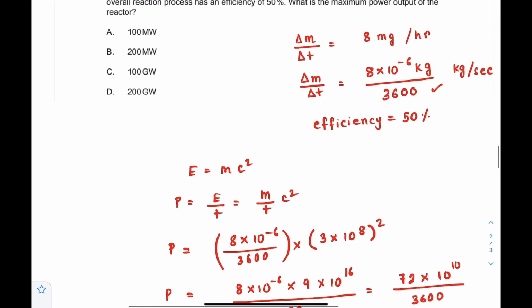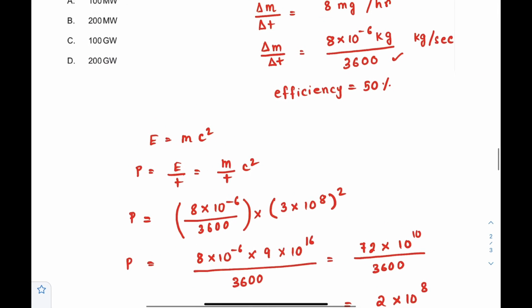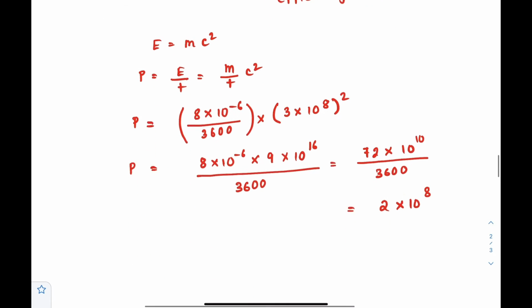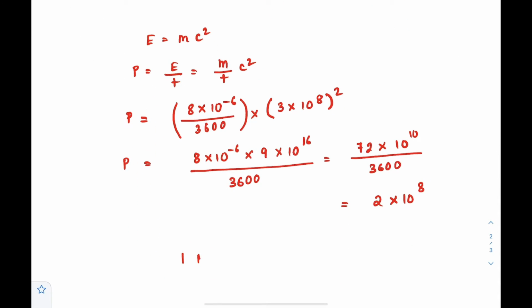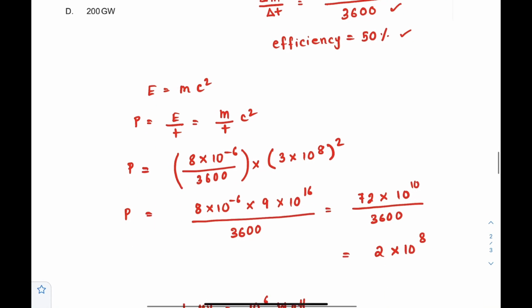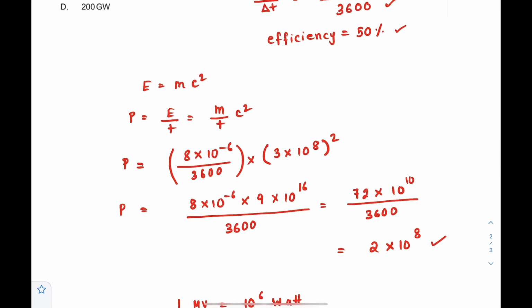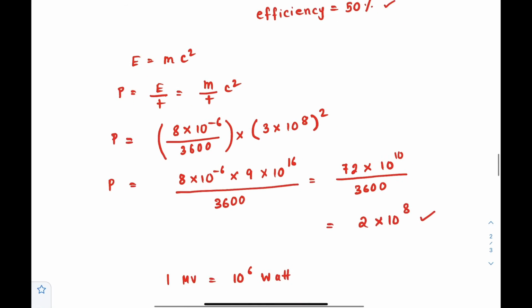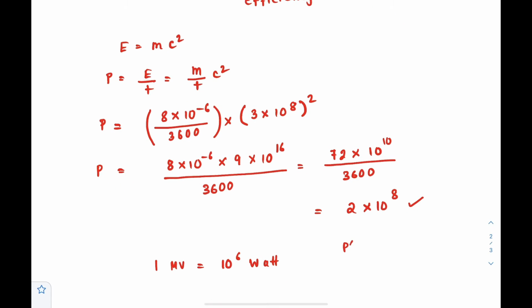Now we have to convert into megawatt or gigawatt. What is 1 megawatt? 1 megawatt is 10^6 watt. Another thing over here: the efficiency is given as 50%, and the power produced is this much power. So if the efficiency is 50%, the net power produced would be half of the original power, right?